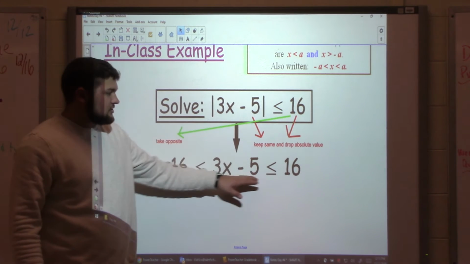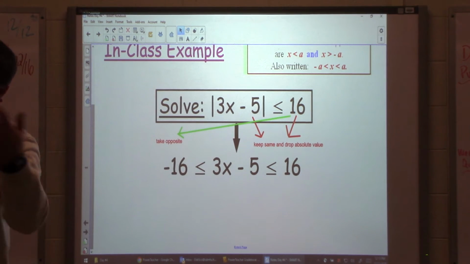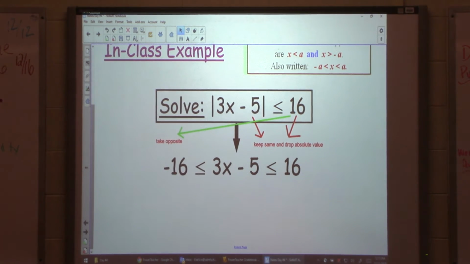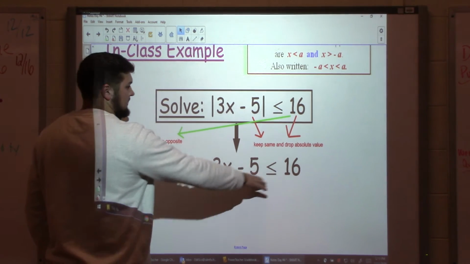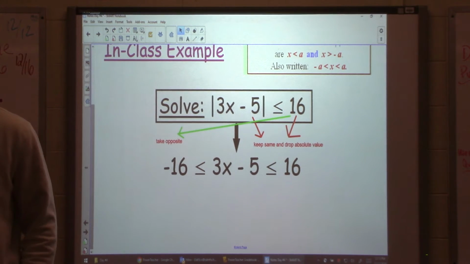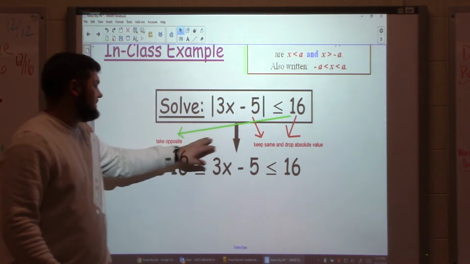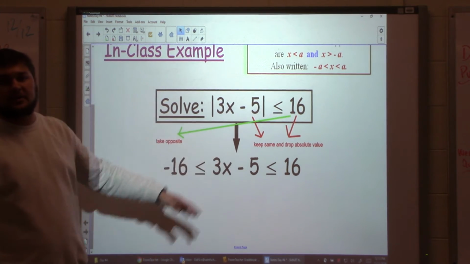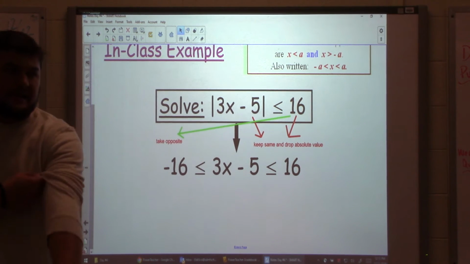Your sign shouldn't change with these AND problems, unless you obviously multiply or divide by a negative, but when you're setting it up, it shouldn't change. So you take the opposite and you put it on the left. So if this had said 32, I'm going to take negative 32, put it on the left, make it a compound inequality to solve it. Make it an AND statement.